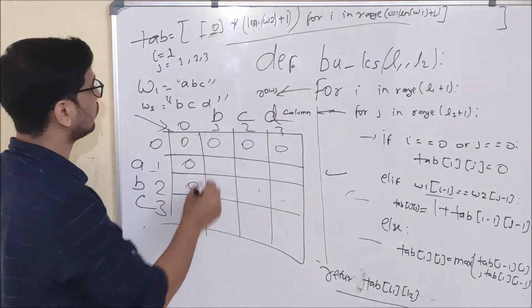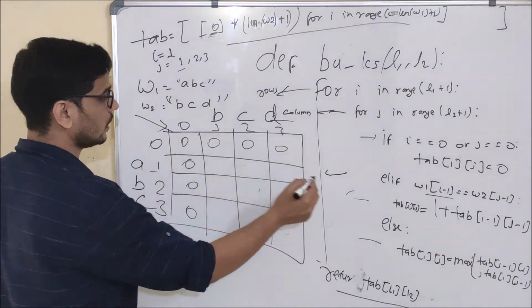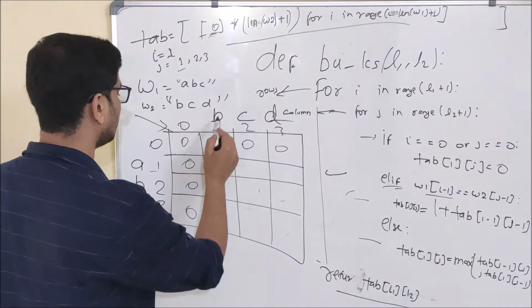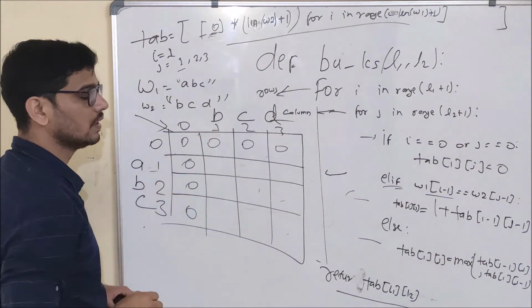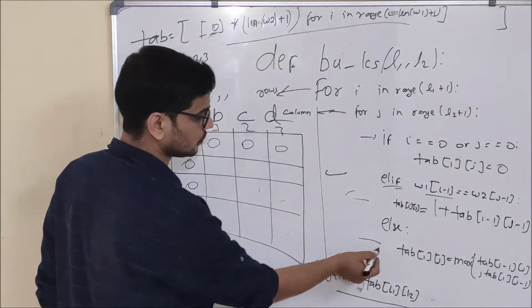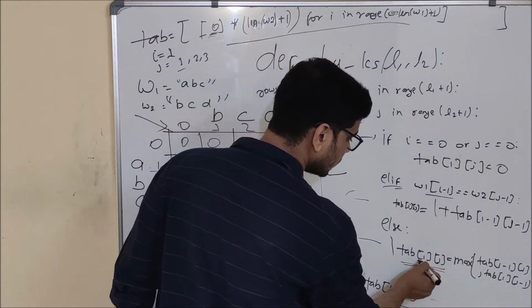When i is equal to 1 and j is equal to 1, first of all this elif check will be done. Here it is A, here it is B, so it is not equal. And if it is not equal, then we come to this particular else. And what are we doing in else?